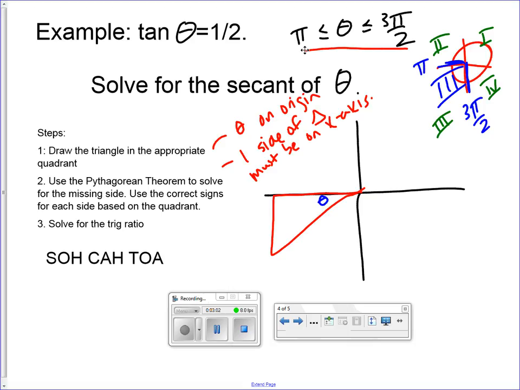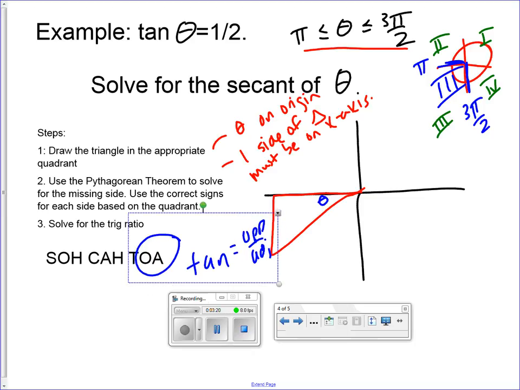We know that the tangent of theta is 1 over 2. Here's where SOHCAHTOA comes in handy. Tangent is the opposite side divided by the adjacent side, and we're talking in reference to theta.